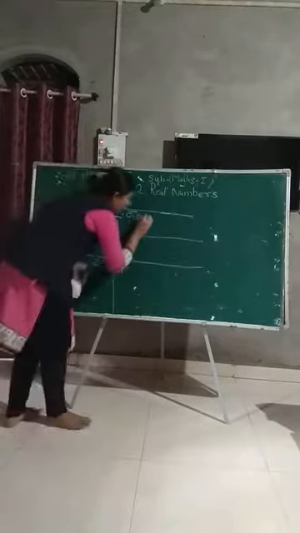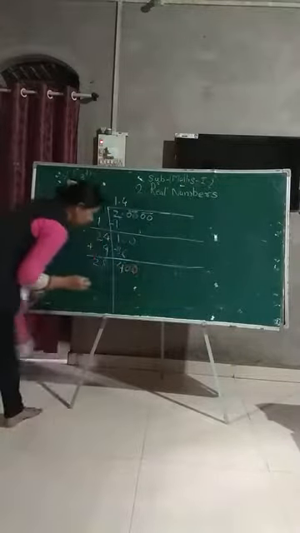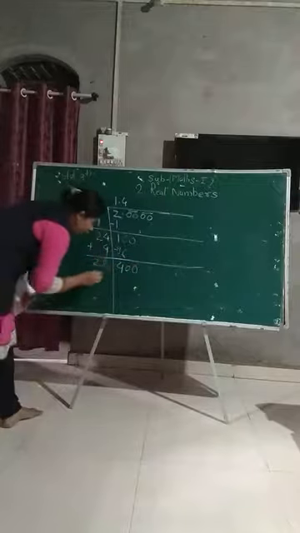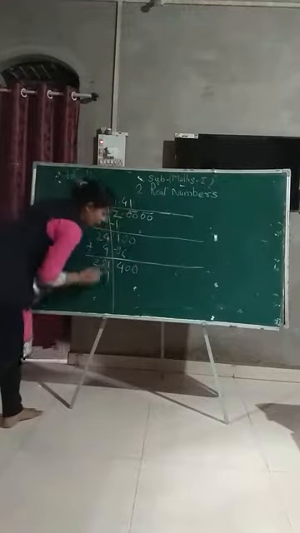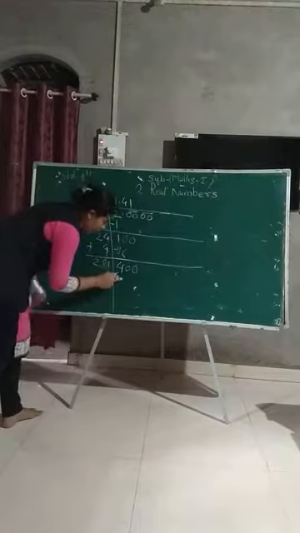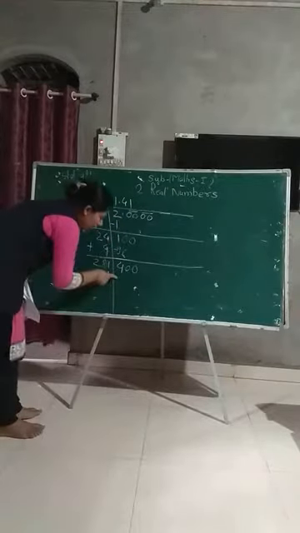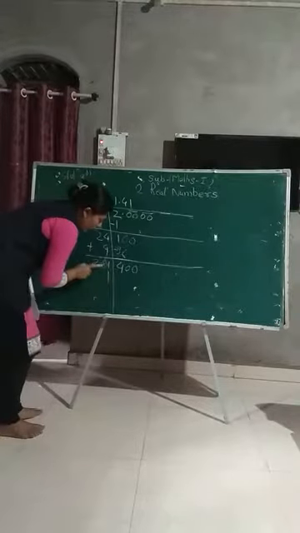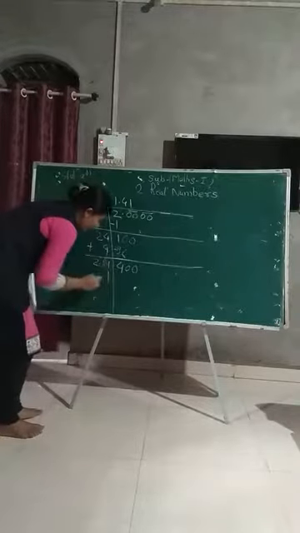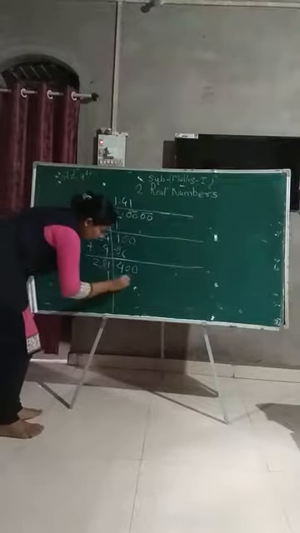Take 20 again. Here also take 2 zeros. Now, if we take here 1, 1, 1, then the multiplication is less than 400. If we here take 2, then the multiplication will be greater than 400. So we take 1, 1 and 1. 281 into 1 is 281.